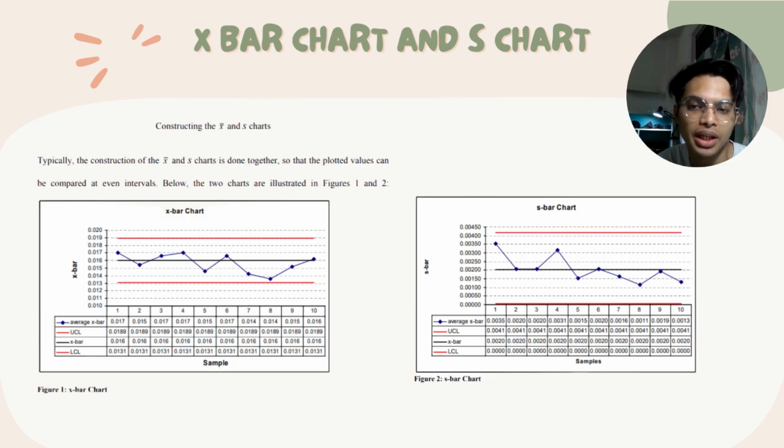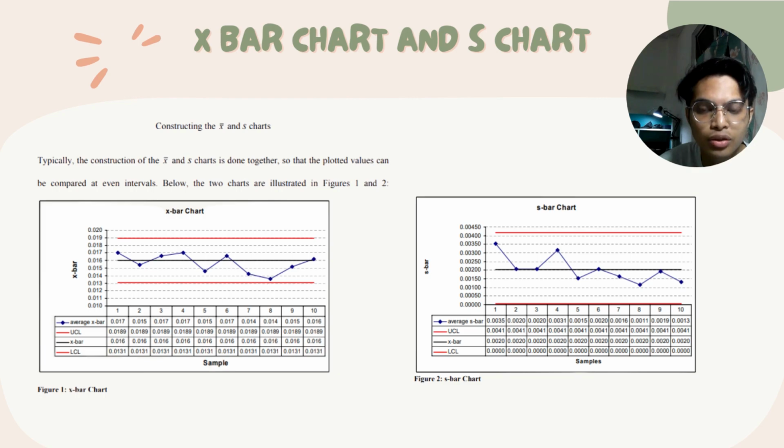So after we gain the values of the upper and lower control limits of both the X bar and S charts, we now can put the points in the chart to determine whether it is in control or out of control. Typically, the construction of the X bar chart and S chart is done together so that the plotted values can be compared at even intervals.